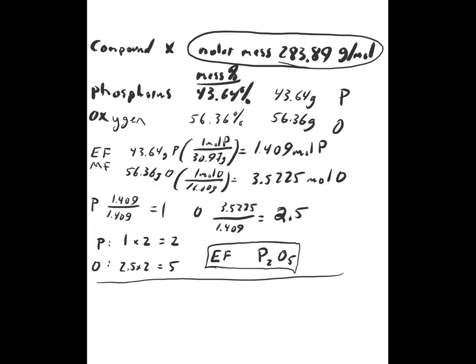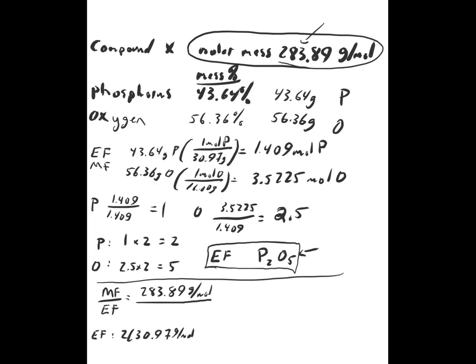So now what do you do? You take the molar mass of the molecular formula, and the way I wrote it before was you take MF over EF, right? So you take your 283.89 grams per mole, and then you divide that by the molar mass of the empirical formula. So let's calculate that. For the empirical formula, it's 2 times 30.97 grams per mole.